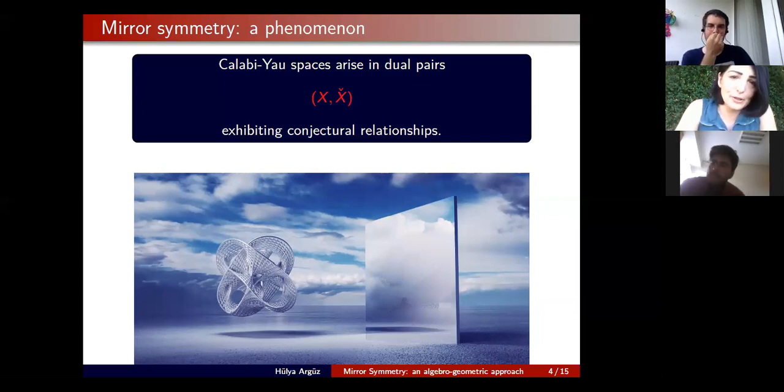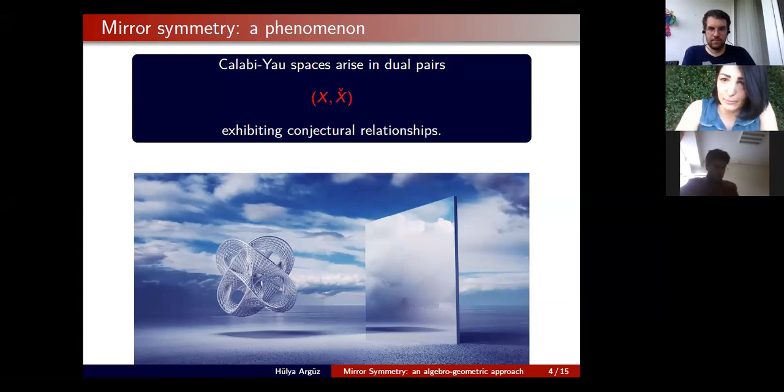So the expectation in string theory is that these Calabi Yau manifolds, which are compactifying our space-time, arise as mirror pairs. They don't come as a single Calabi Yau, but if the laws of physics hold in one Calabi Yau, there is expected to be a mirror to it, where the laws of physics hold as well.